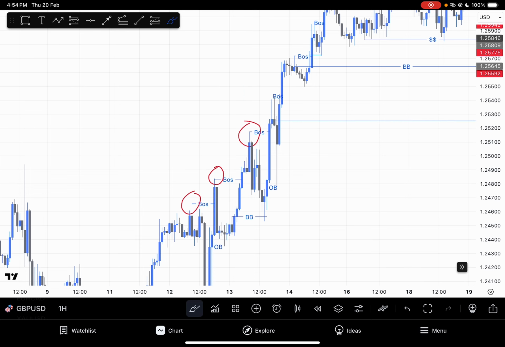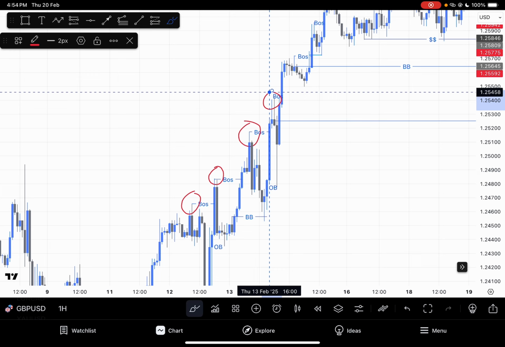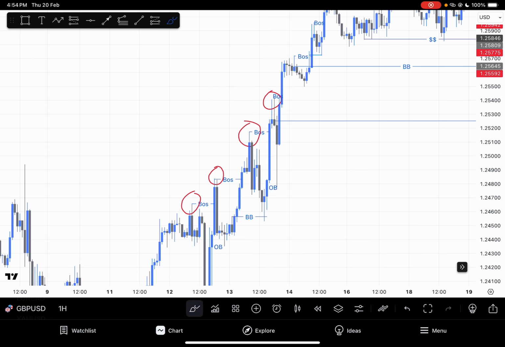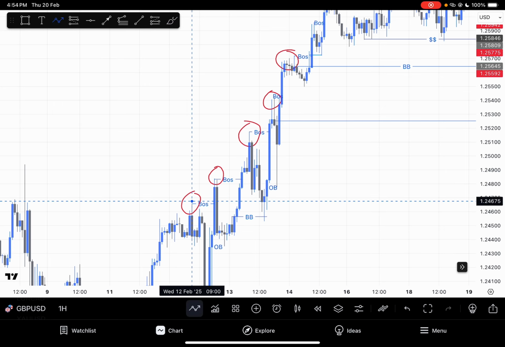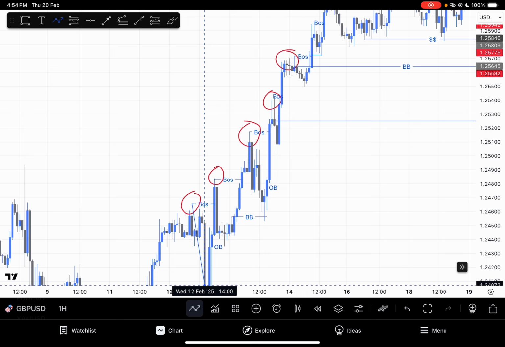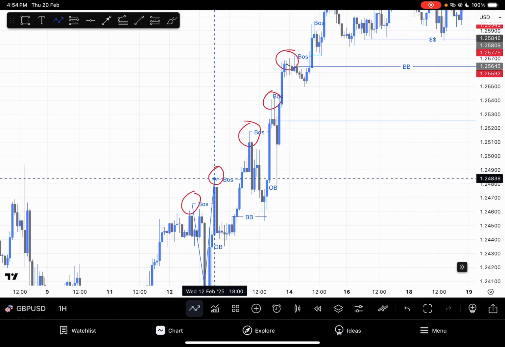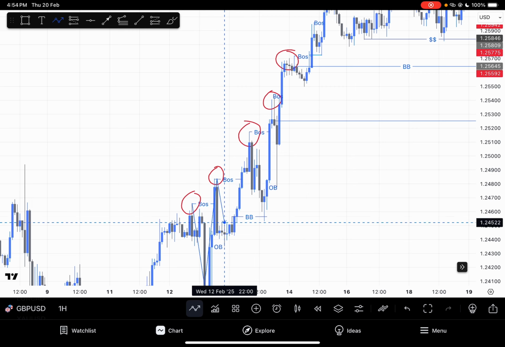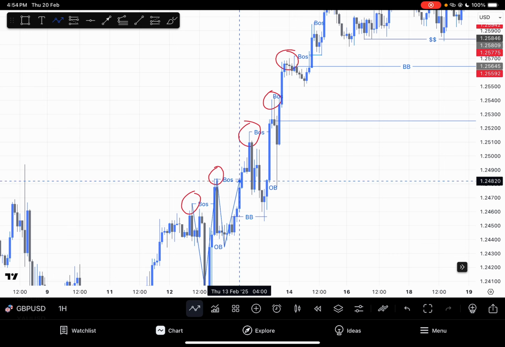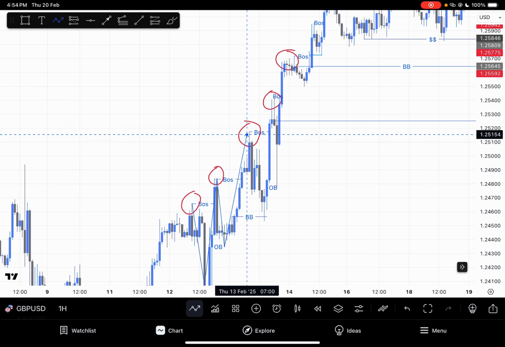You just have to mark all these breaks of structure out, and you see each time price creates a break of structure, it always retests back, and the point where price retests is either a breaker block or an order block. Each time price breaks this previous high, it always comes back to retest on a breaker block or another block, then moves up or takes out the previous high again.